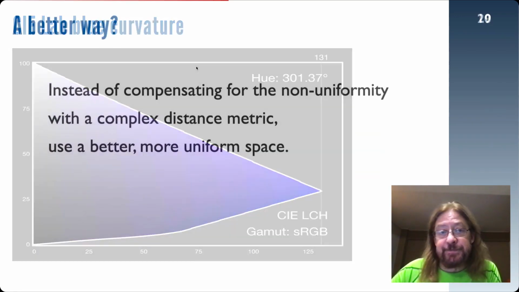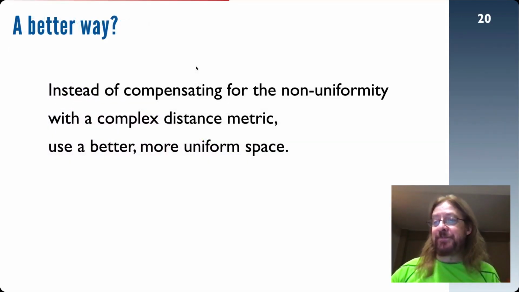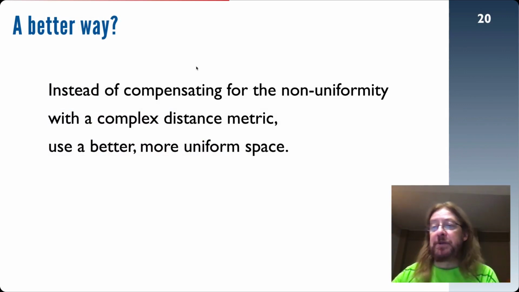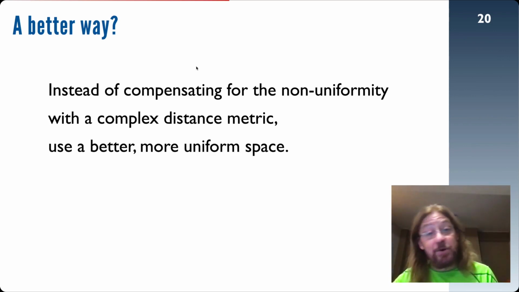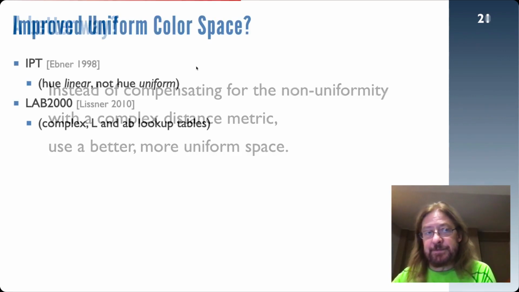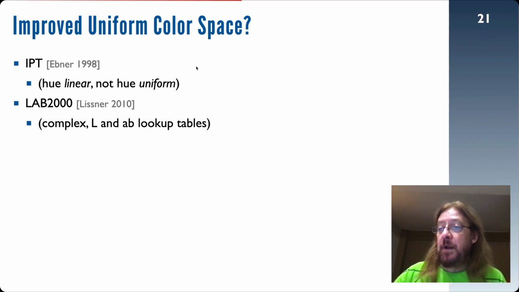What now? A better way. Instead of using a complex distance formula which hides some of the non-linearity, maybe there's a better color space to use which is more uniform. Obviously, people have tried. The IPT space by Ebner and Fairchild is specifically designed to be hue linear, while also remaining fairly simple computationally.